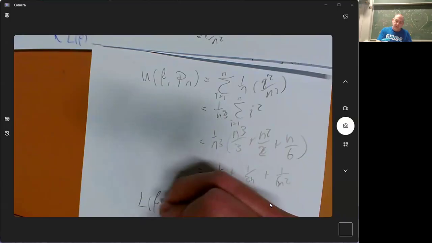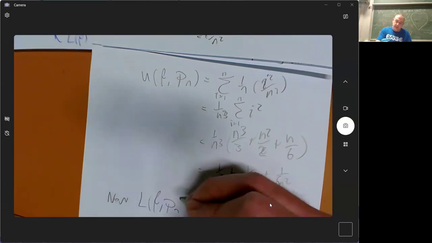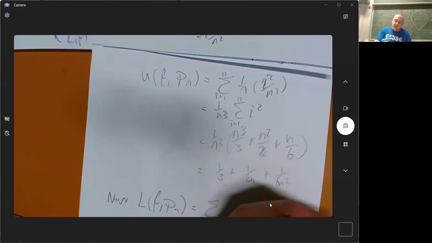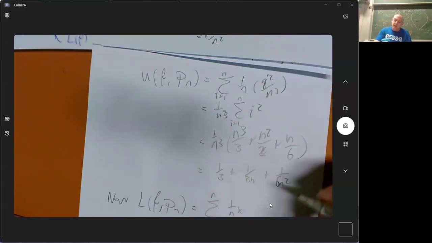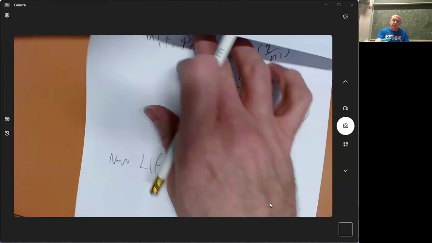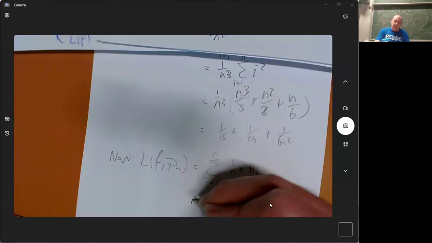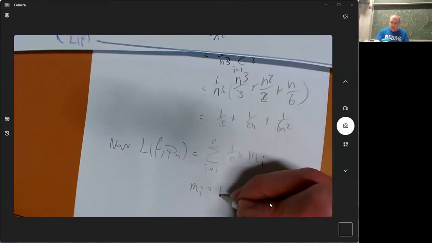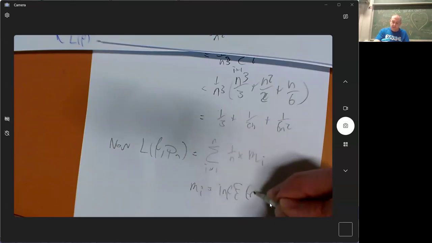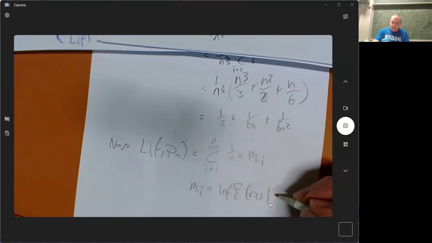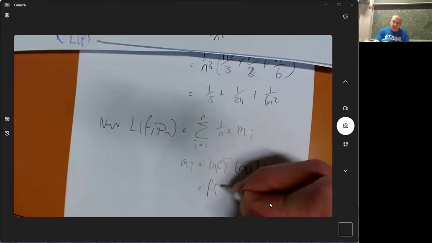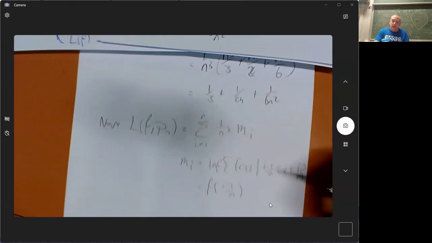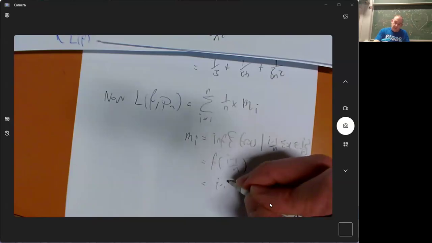And L f Pn is the sum from i equals 1 to n of the width of each interval times little m i. That's how they do it. And little m i is the infimum of this thing, which is f of i minus 1 on n, which is i minus 1 on n squared.